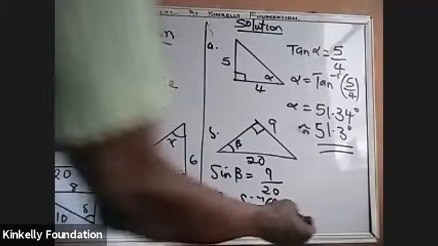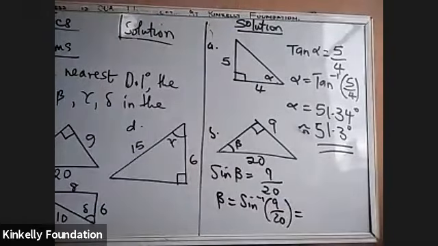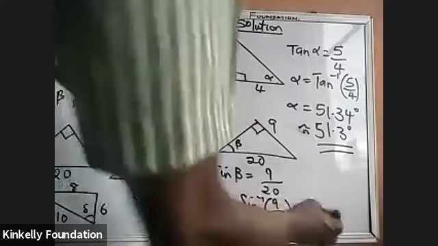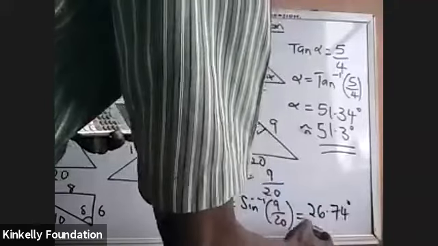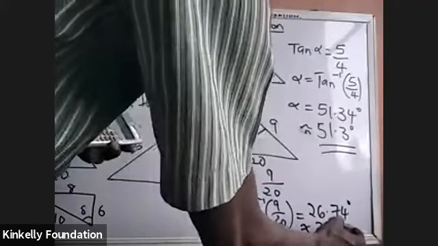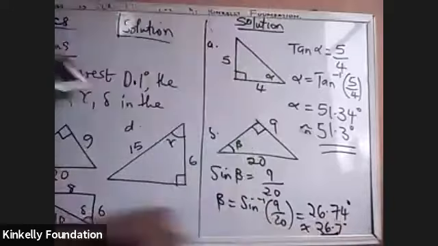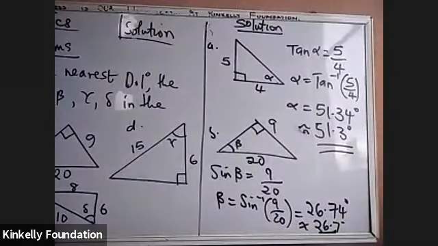Second function sine 9/20 will give us 26.74 degrees, approximately 26.7 degrees. That's the answer for the second one.